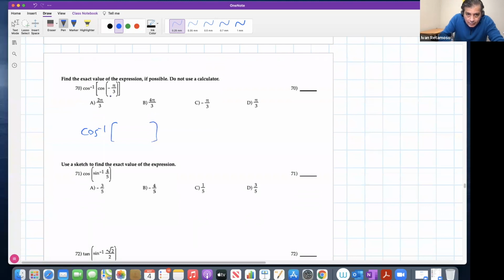So what is cosine of minus pi/3? Cosine of minus pi/3, since cosine doesn't care about the sign, remember, it's just this, right? You agree, guys? Cosine of minus alpha is the same as cosine of alpha. Cosine does not care about the sign of the angle. So convert this to this. But now what is cosine of pi/3? Well, look at the unit circle, right? In the unit circle, this guy is given.